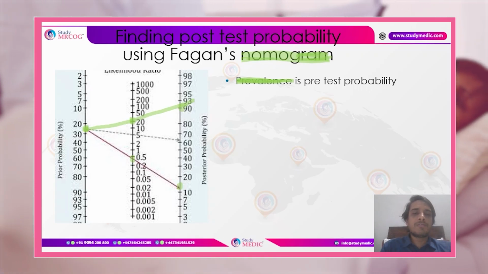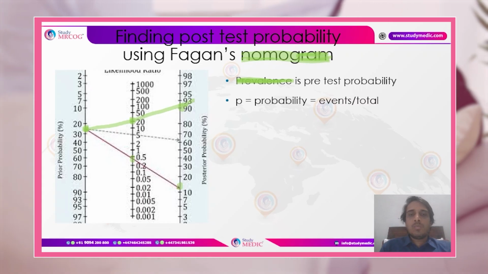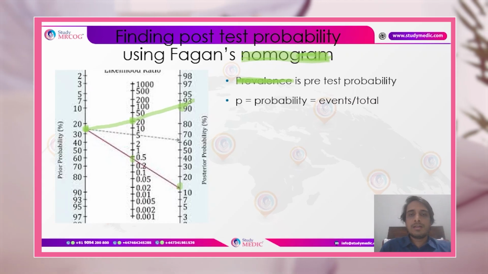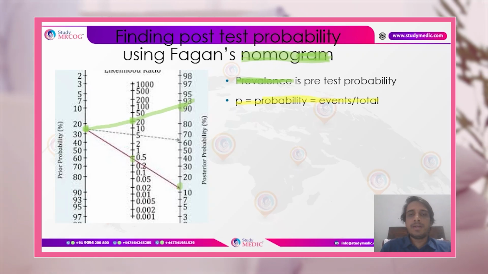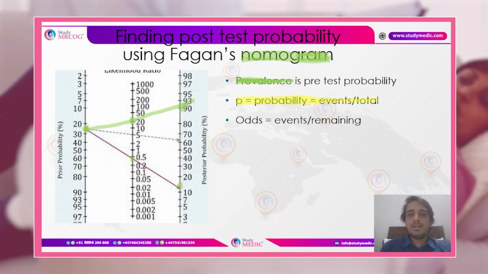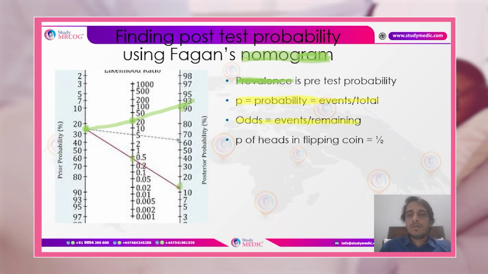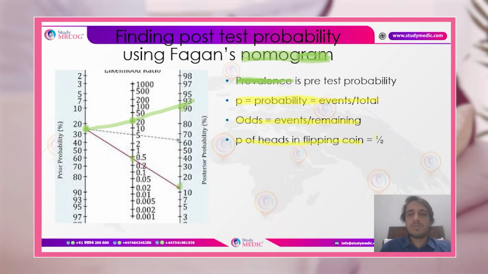So, what is the relationship between probability and the odds? Probability is events divided by total. Odds is events divided by the remaining. For example, the probability of heads in flipping a coin is 1 out of the total possibility of 2.